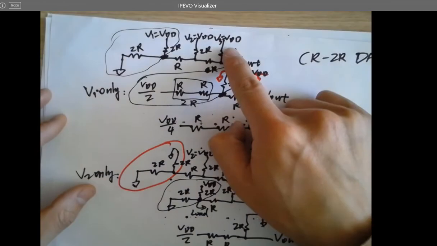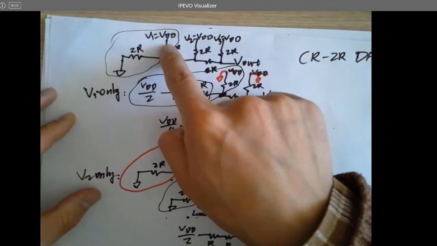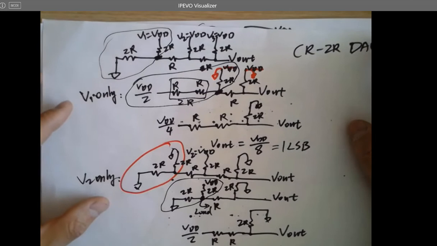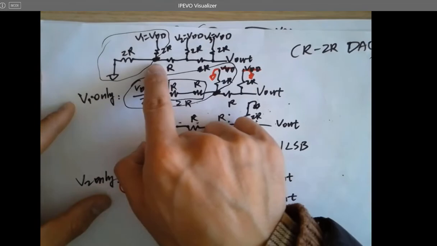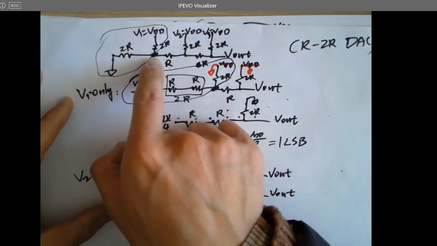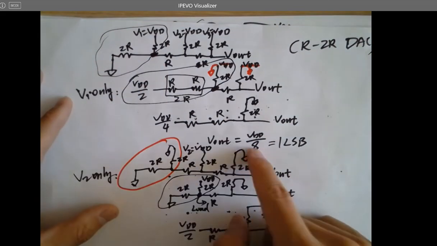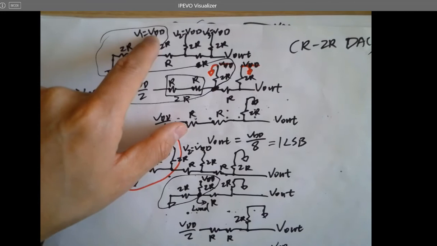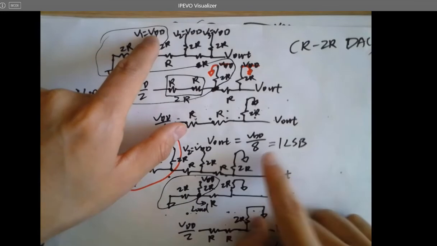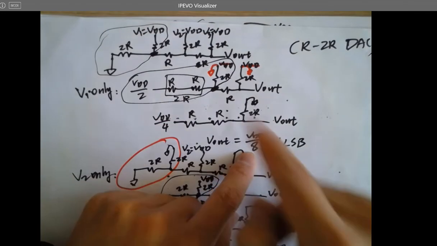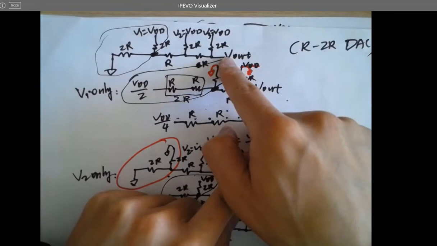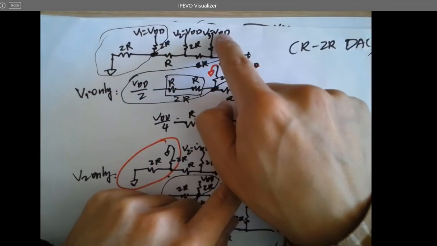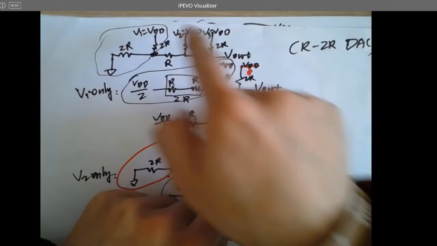Yeah, because eventually this one is contributing VDD over 8. So whenever you have a VDD here, or it's a digital 1 there, it's contributing this. It's being divided by so many resistors. Compared to this voltage, which is closer to the VL, this is less, right?